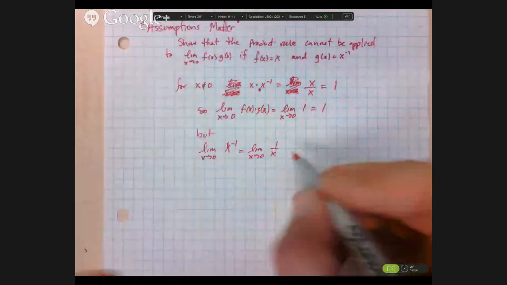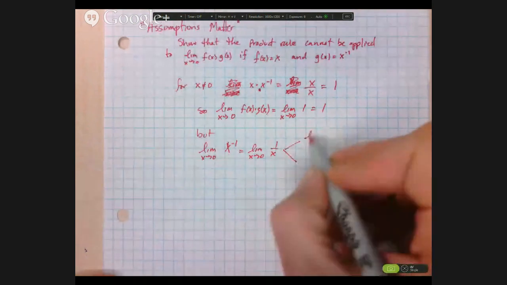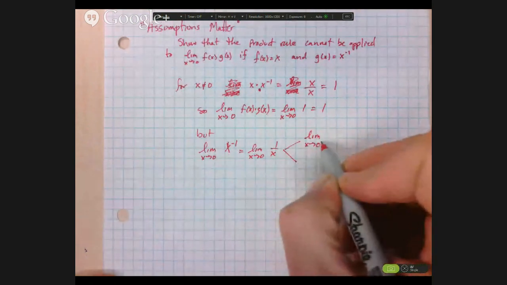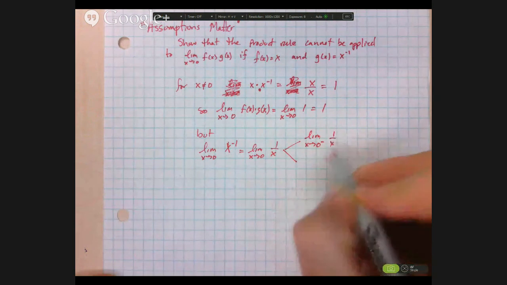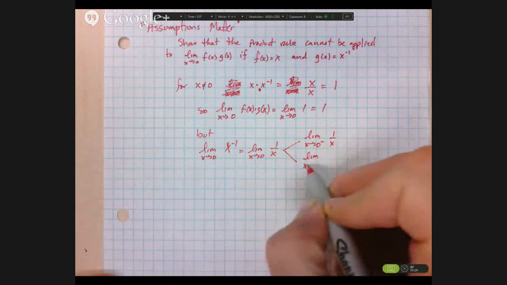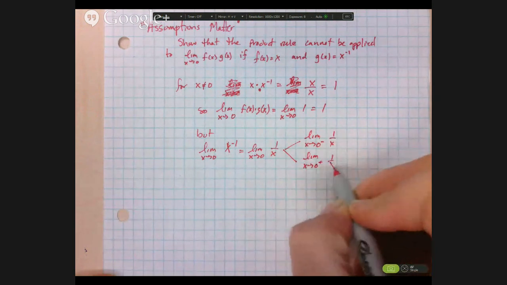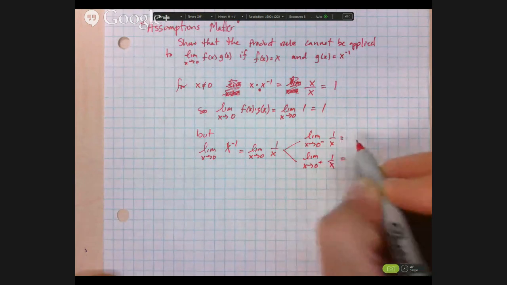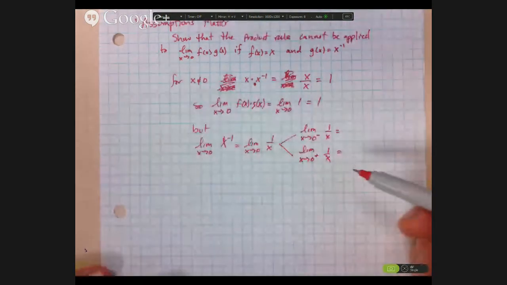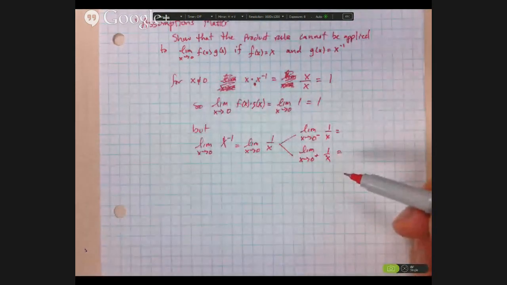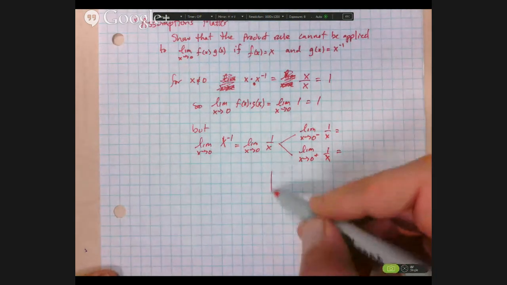Okay, we have to look at it from the left and from the right. If we analyze this graphically, I do believe it looks like this.